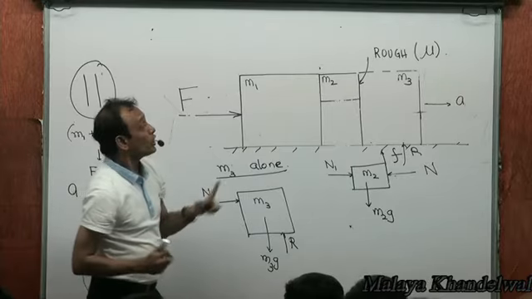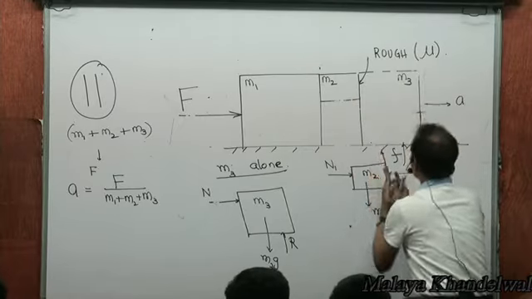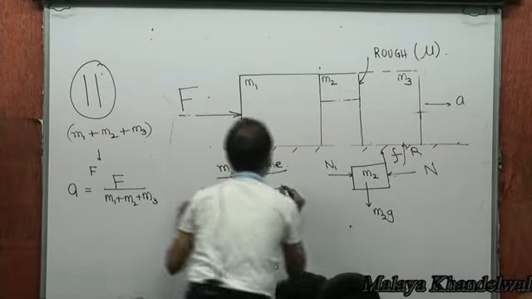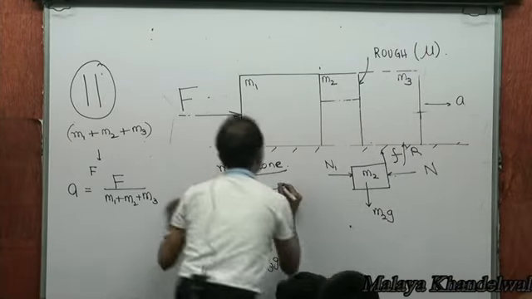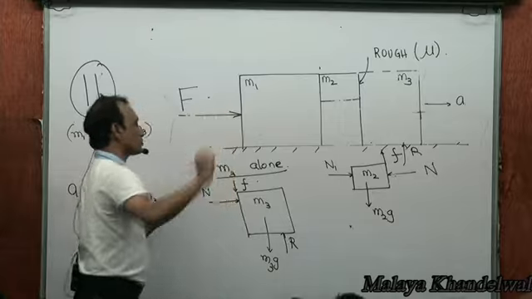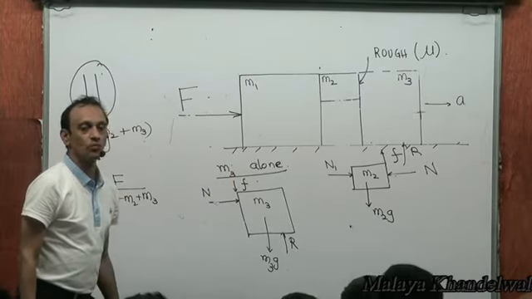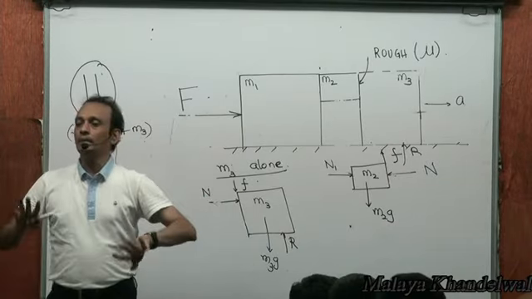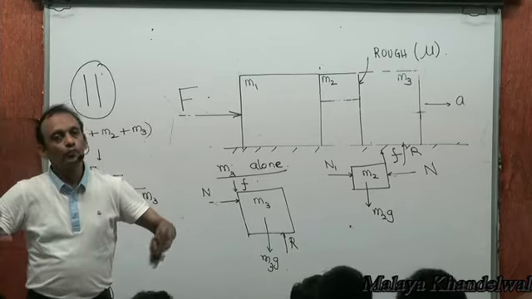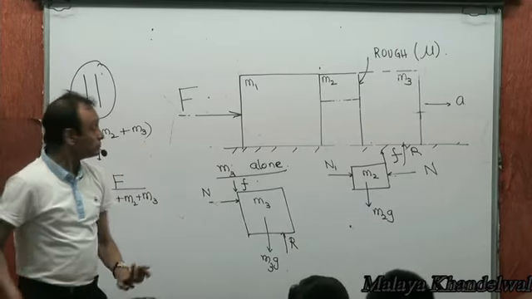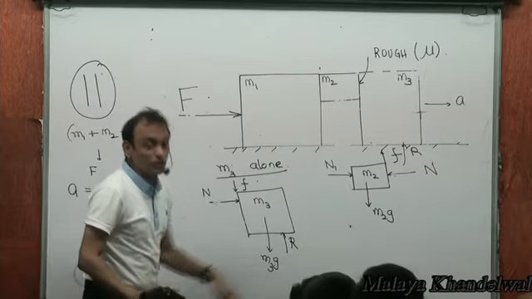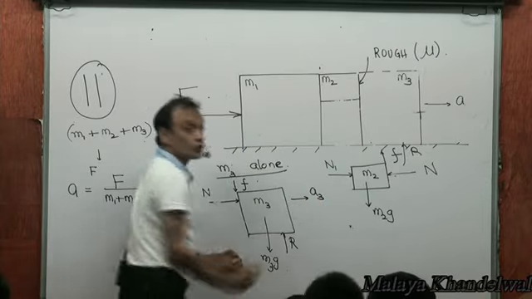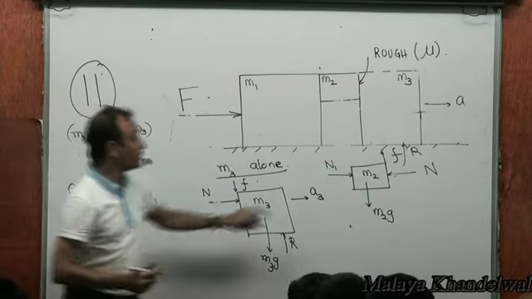If M3 exerts on M2 a frictional force f upwards, M2 will exert on M3 a frictional force f downwards. Does it summarize all the forces? The vertical forces f, M3g and R will balance each other, producing no vertical acceleration. The net effect must be an acceleration a to the right on M3.